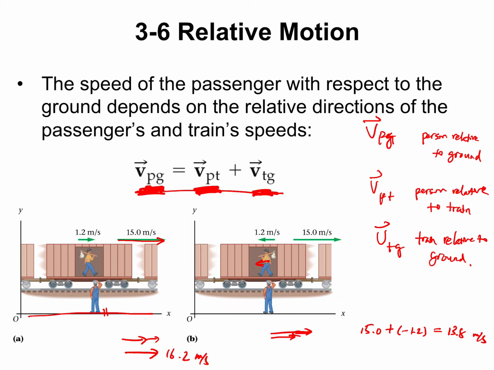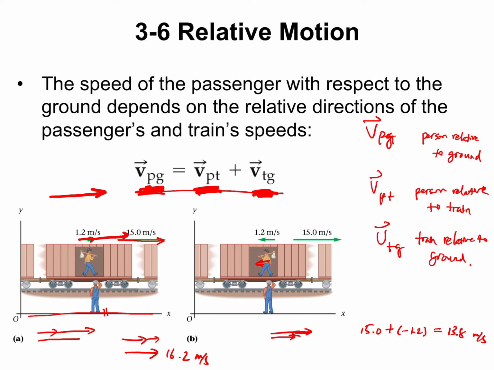Okay, so you see the first case, right? Velocity of the person relative to train, 1.2, right? So 1.2 plus the velocity of the train relative to the ground, right? So that's 15. So you see 1.2 plus 15.